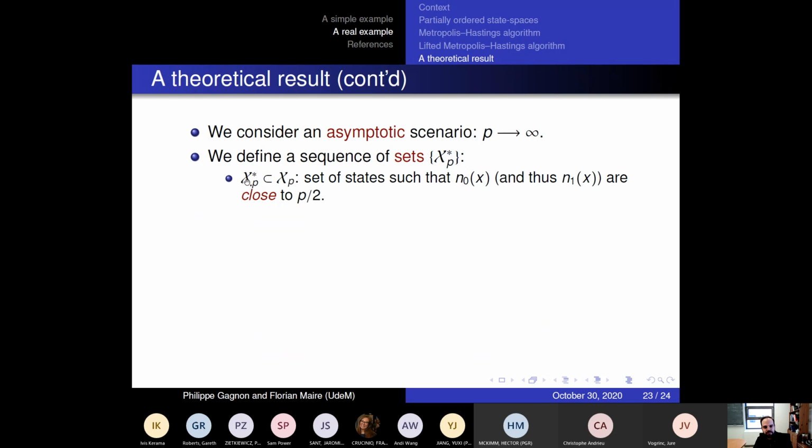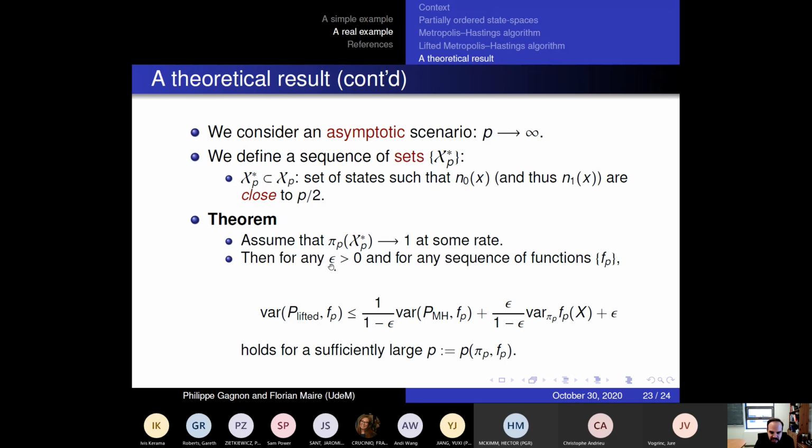So this set is included in the state space, and it's formed of states such that n0 of x and n1 of x are close to p divided by 2. So imagine that the target concentrates on this set at some rate. Okay, we have the details in the paper.